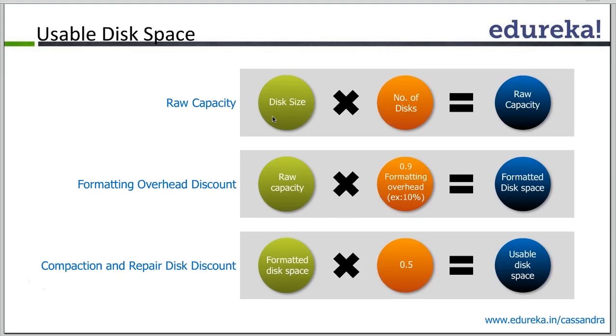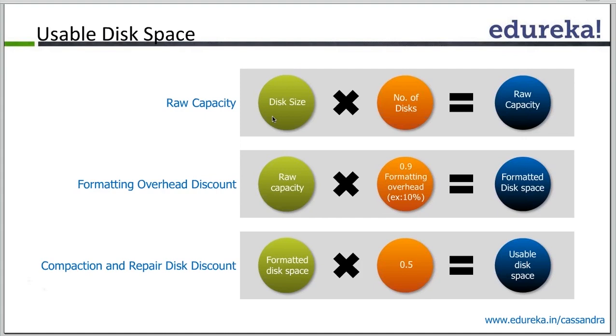Now there is a basic formatting overhead of about 10%, so reducing that, you have 90% of the formatted disk space. The formatted disk space then has to be multiplied by 50%, because compaction and repair have an overhead of about 50%, which means your total usable disk space is exactly half of your formatted disk space.